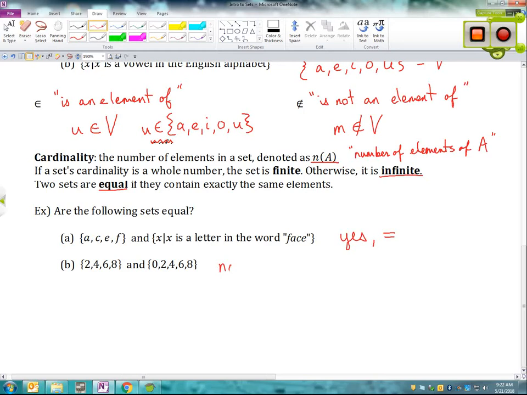These are not equal. Okay? And the reason that they are not equal is because the second set includes a 0, the first set does not. Again, 0 is different from the empty or null set. We can't just say, well, 0 isn't anything, so it doesn't count. But it really does. It makes a difference. It is an element of the second set and not the first. So it does disqualify the two sets from being equal.